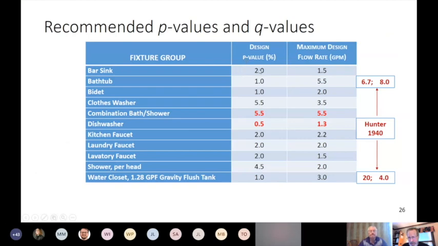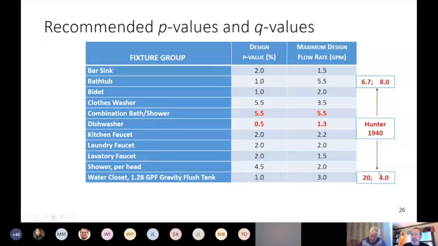Remember, we talked about the p-values earlier. So we've got, in this case here, p-values that are as low as 0.5% during the peak hour. That's for a dishwasher, or as high as 5.5%. So really an order of magnitude variation between the minimum and the maximum p-values given in this chart.